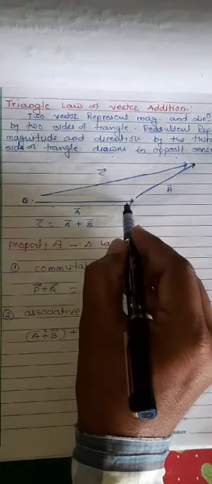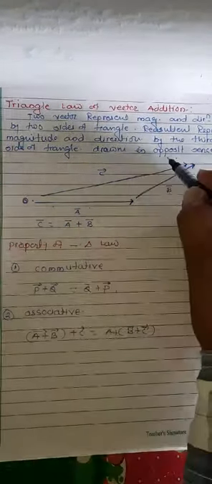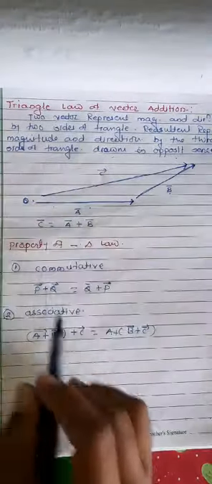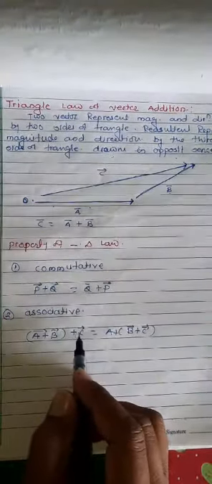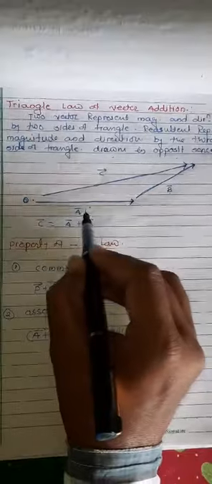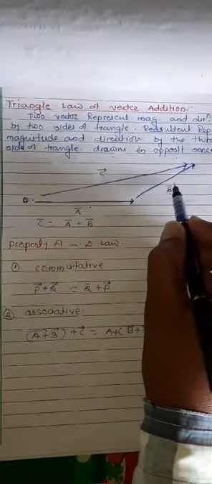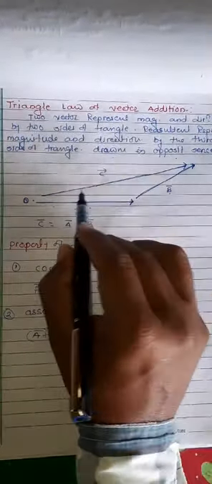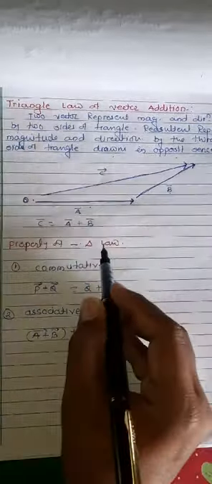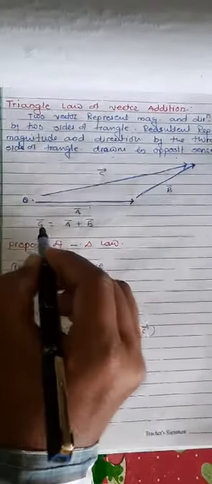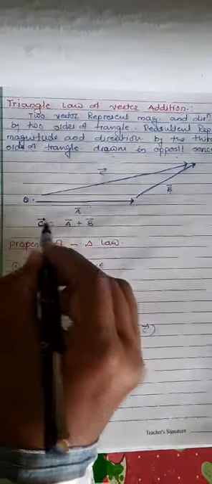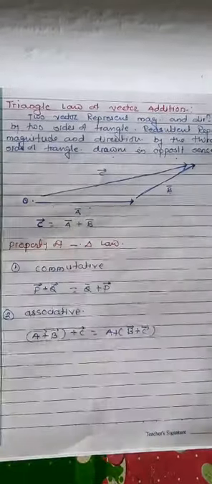This is called the triangle law. In short, the vector addition of two sides of the triangle gives the resultant, the remaining third side of the triangle, and this can be written as c bar is equal to a bar plus b bar.